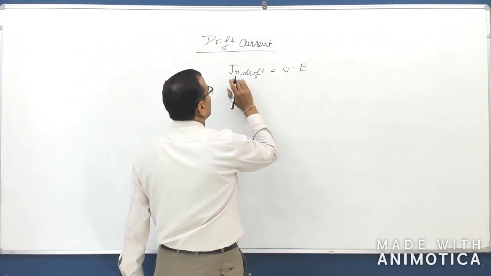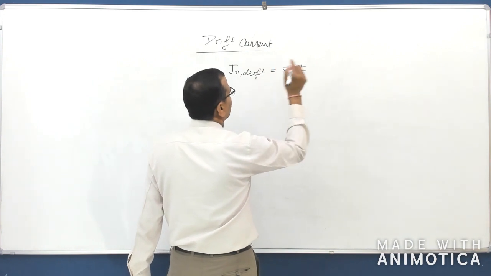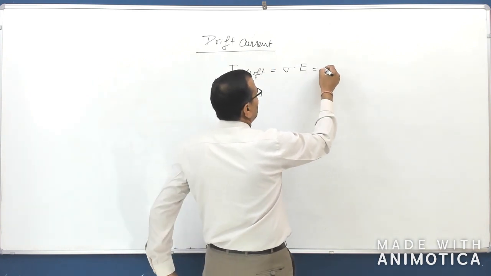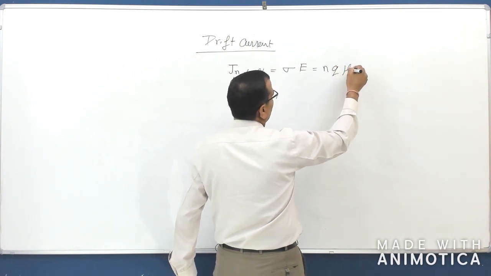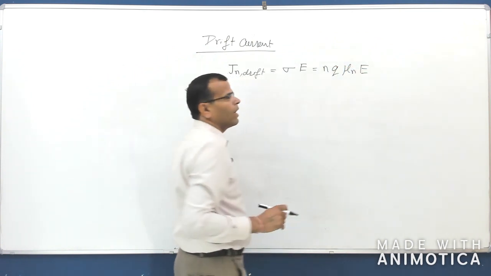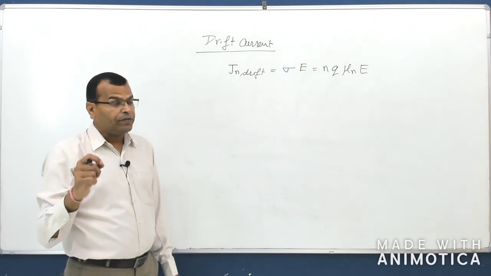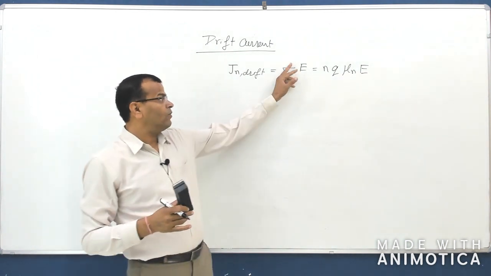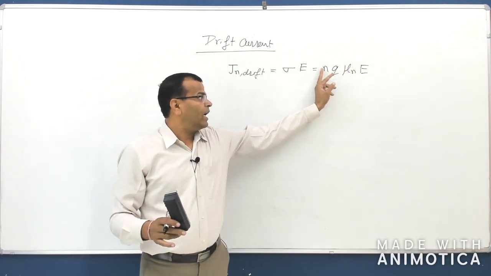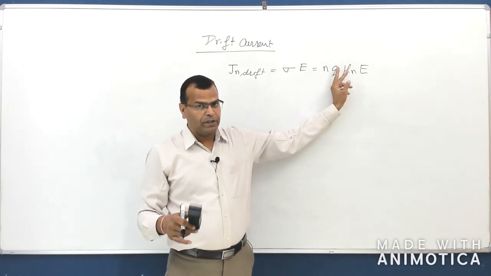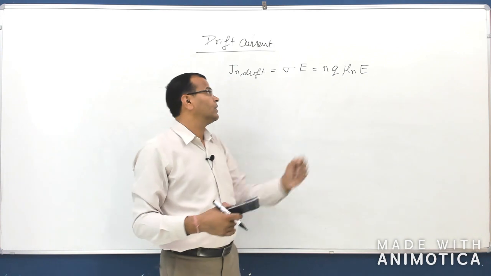That is, drift current because of electrons is equal to concentration of electrons n, q, mu n multiplied by E. Remember, I am talking about drift current because of electrons, so I have to take conductivity because of electrons only. That is why I have taken this component of conductivity, not conductivity due to holes.